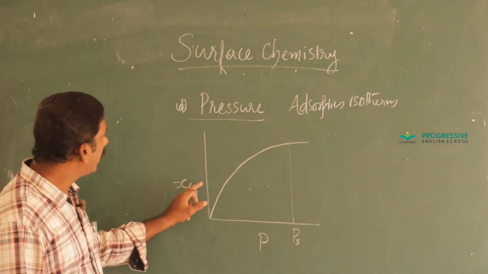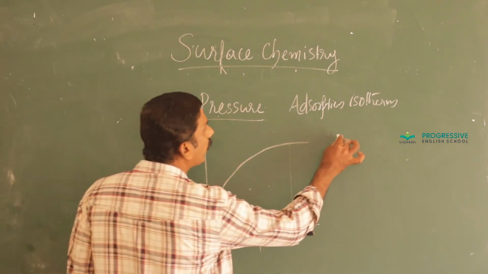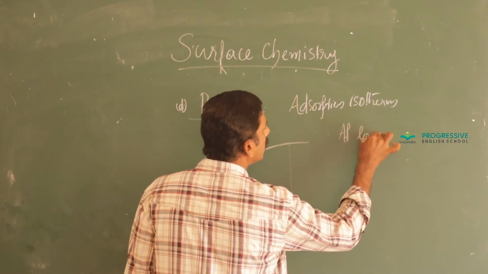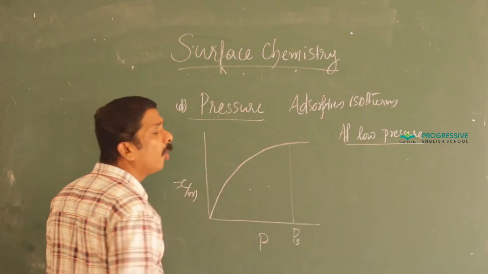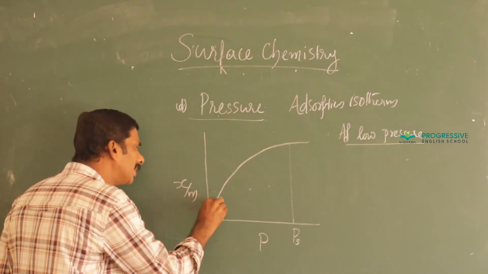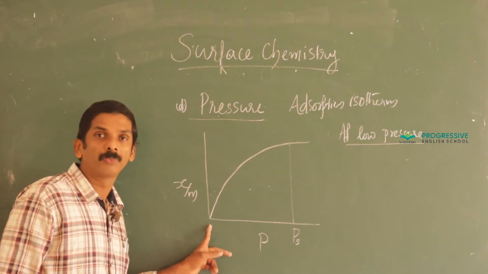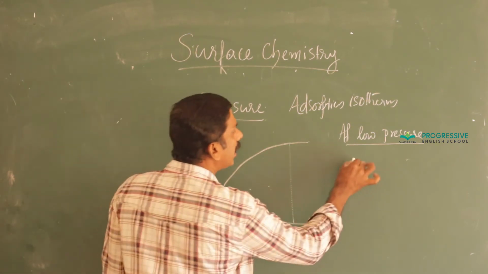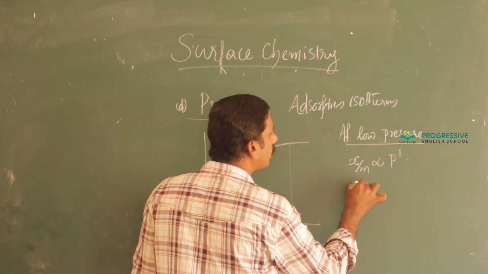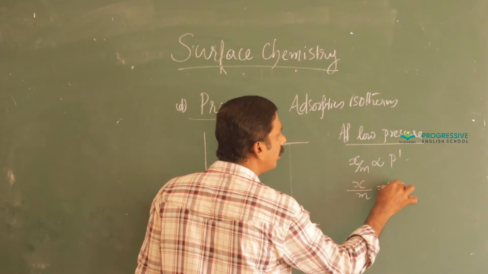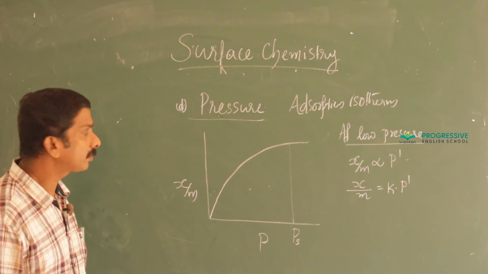And by analyzing the graph, you can see that at a low pressure, the graph is almost a straight line and has a slope. Here, the extent of adsorption is directly proportional to pressure, or x by m equal to k into p raised to 1.